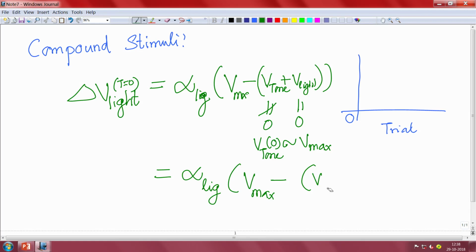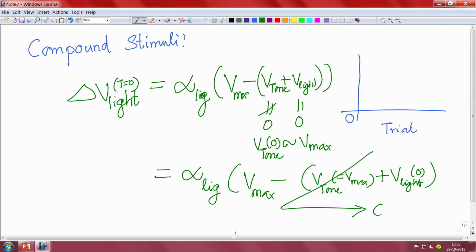So, let me write it more explicitly, V tone within bracket V max due to the prior learning plus V light, which is actually 0. Since this V tone equal to V max, even this whole term becomes equal to 0, because this sum is exactly equivalent to the V max.